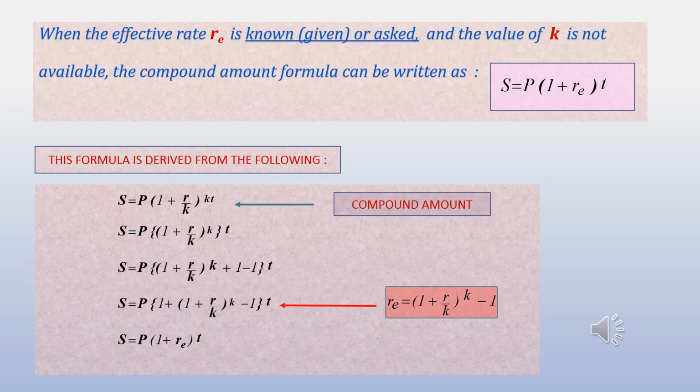Move the 1 to the front, so we will have S equal to P, bracket, 1 plus R over K to the degree of K, minus 1, all of them to the degree of T. We know that 1 plus R over K to the degree of K minus 1 is Re. So we substitute that expression with Re. We have the new formula S equal to P times 1 plus Re to the degree of T.